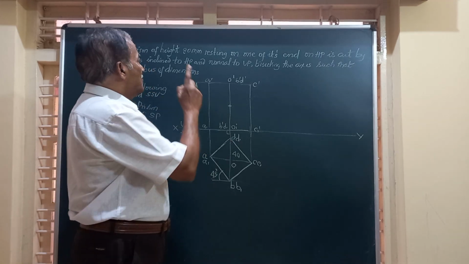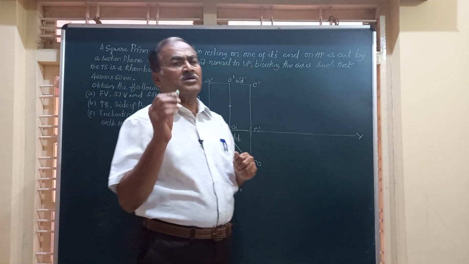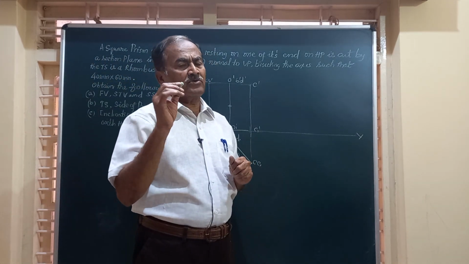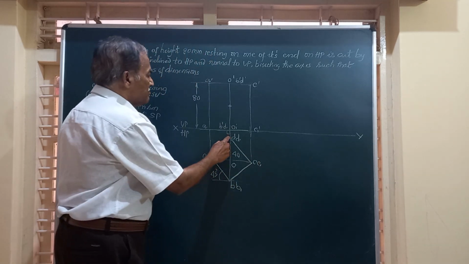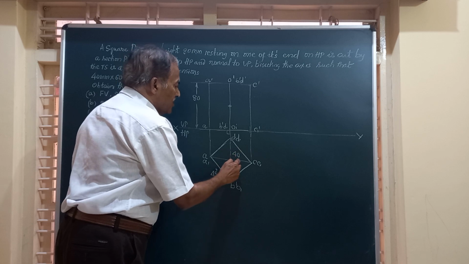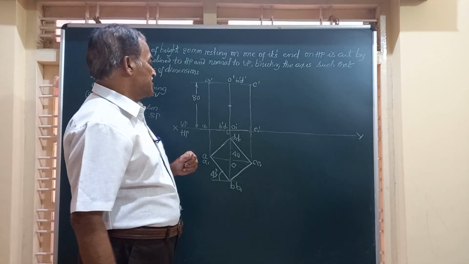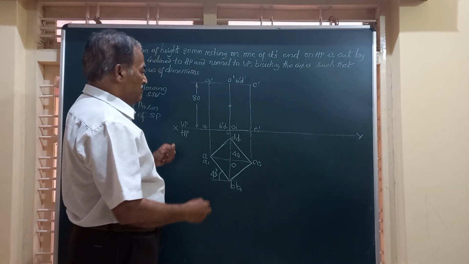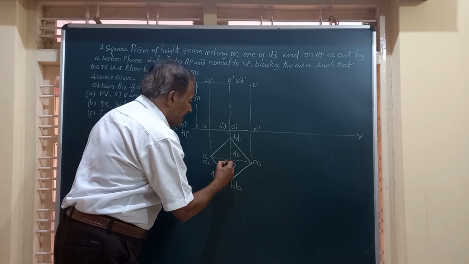And hence, for this problem, whenever the prism is cut by the section plane inclined to HP and normal to VP, this dimension is going to be the shorter diagonal of the rhombus. So friends, we are going to construct the square taking the length of the diagonal as 40 millimeter.